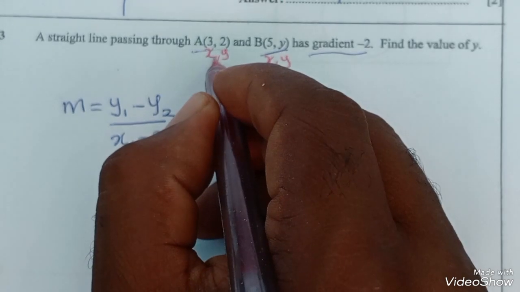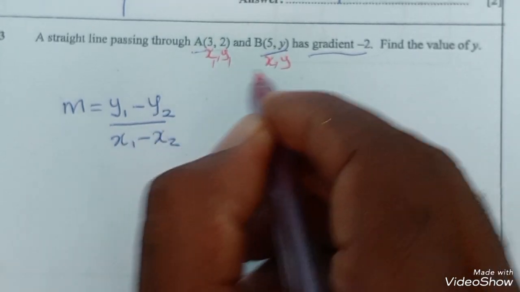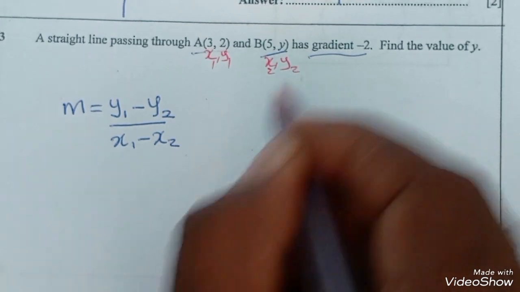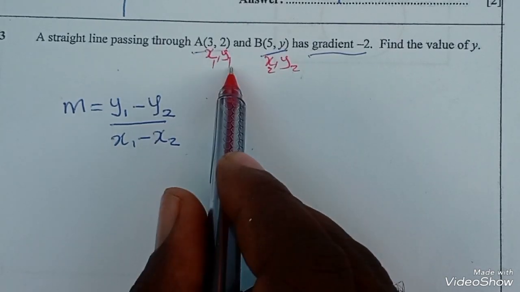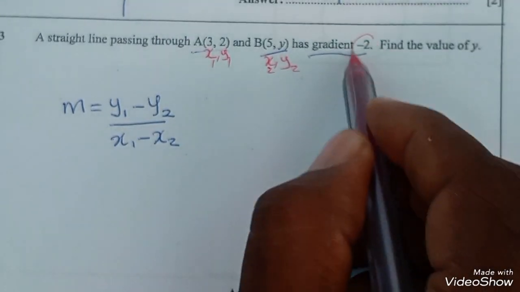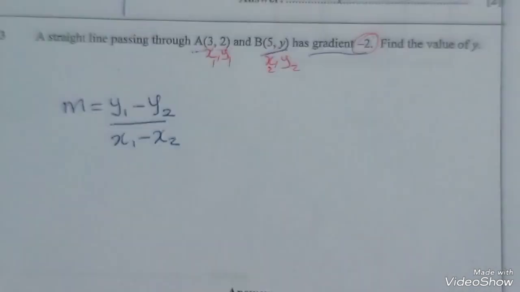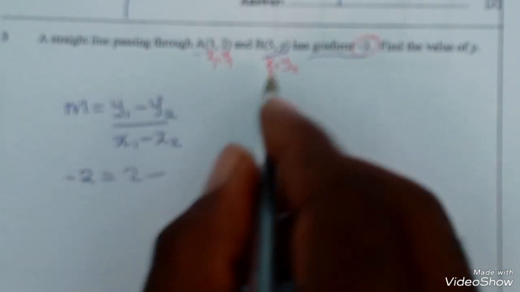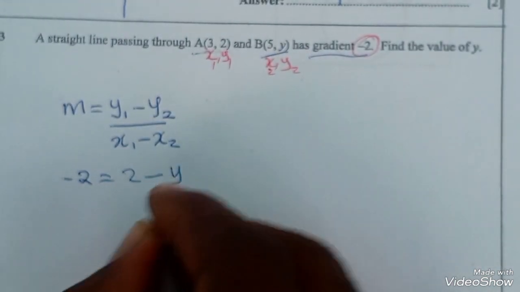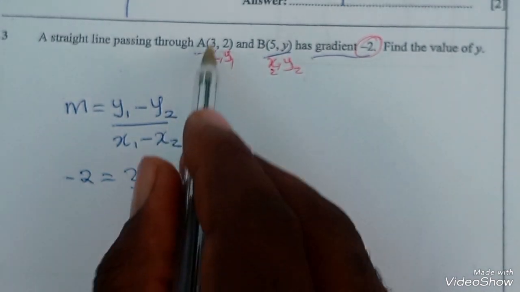So let this be x1, y1, and let this be x2, y2. It is just the same. So we have been given gradient as -2. So I will substitute -2 where there is m. So y1 is 2 minus y2, which is y, over x1 which is 3 minus x2, which is 5.